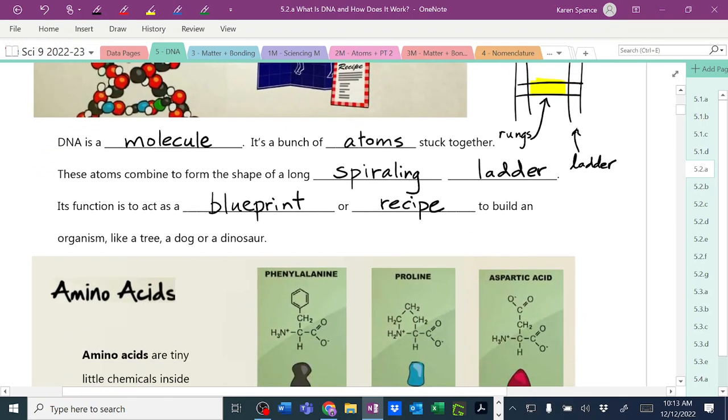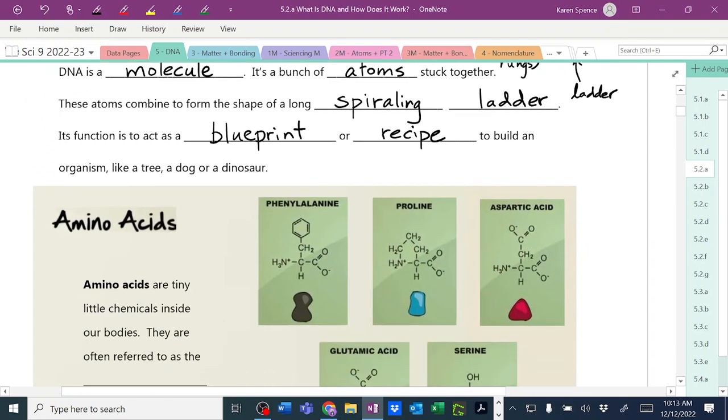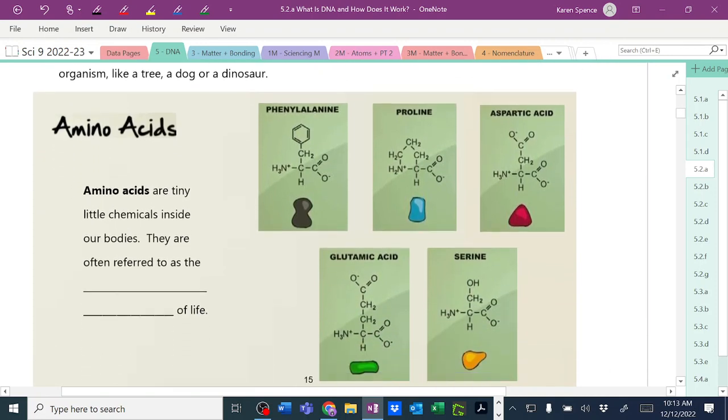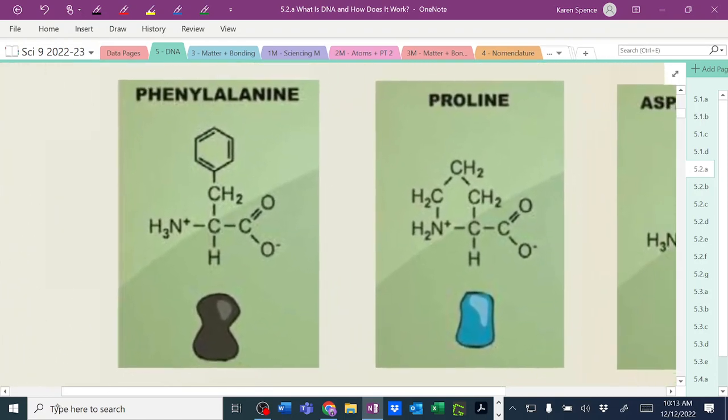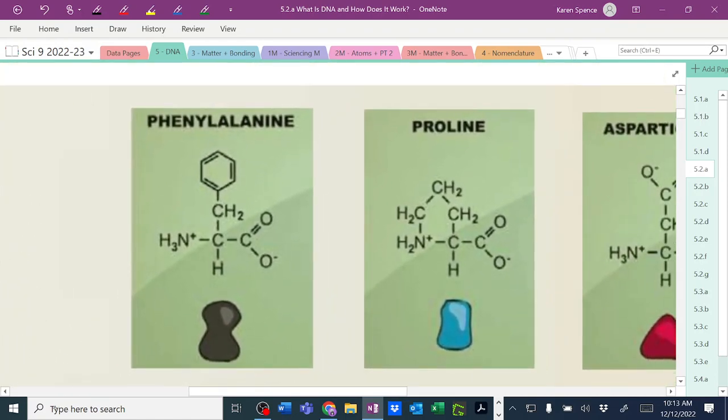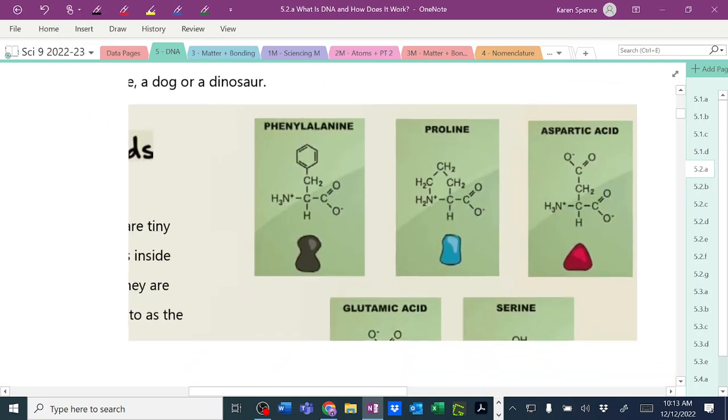Now, amino acids. Do you need to know all the names of the amino acids? No, you do not, okay? They're just here to give you an idea of some of the weird names and some of the shapes and some of the molecular structures. They're just kind of interesting to look at, but you don't need to know them, okay?